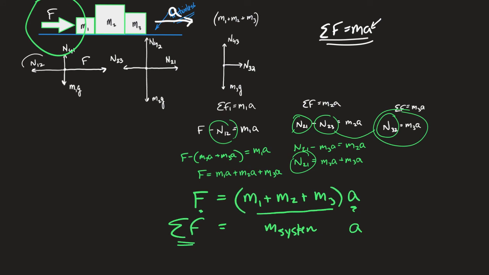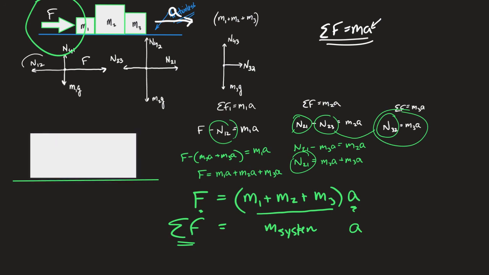Now, what it really suggested is that we had our most basic problem that we had at the very start of your first time taking physics years ago, back in the 8th grade, when you had physical science, that there was really just one big box that was experiencing one big F force, and the box had a mass of M1 plus M2 plus M3.